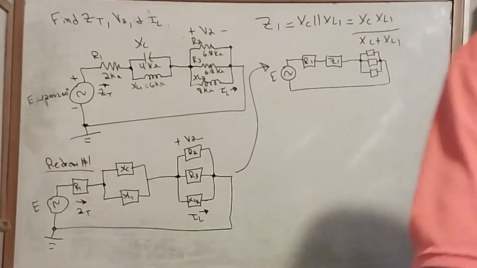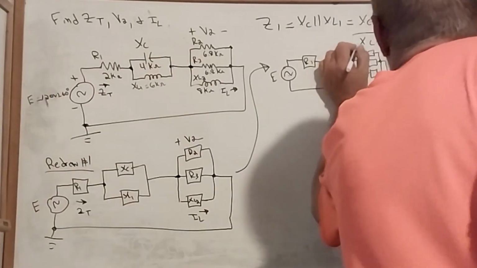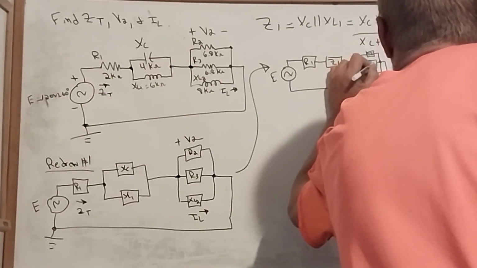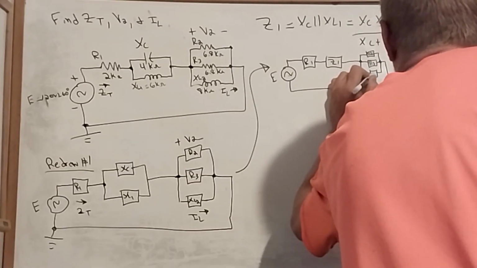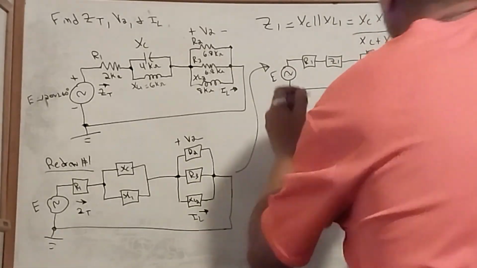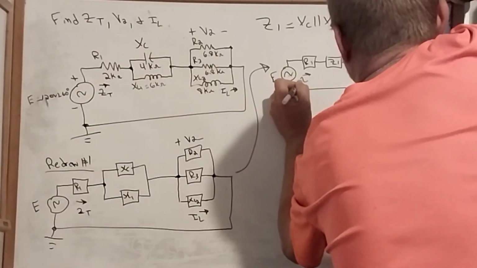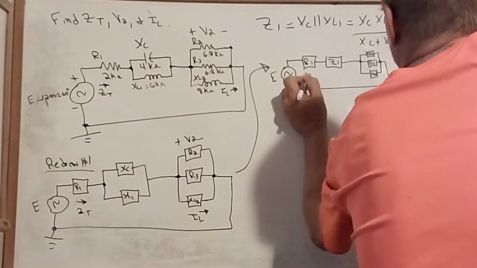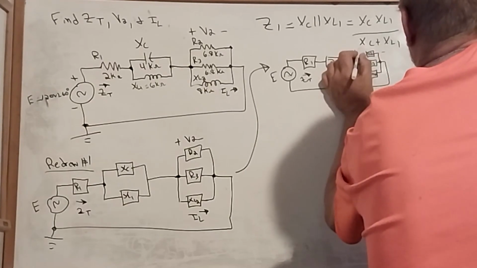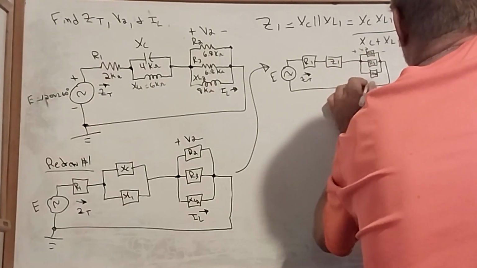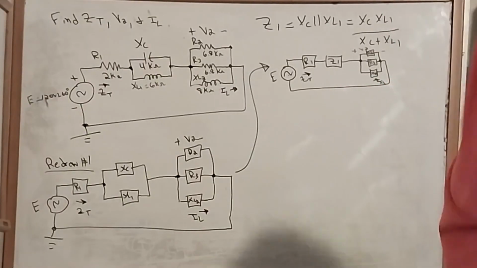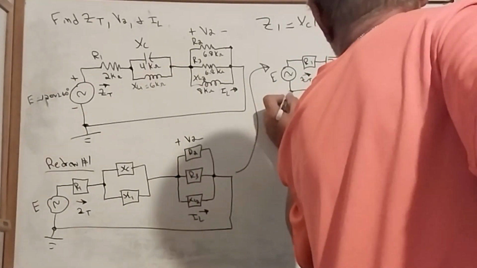Okay, see, we have R2 here, R3 here, and then X of L2. We're still finding this total impedance, and we're still finding the voltage drop across here, V2. We're also finding the current through this I sub L. Oh, and don't forget the ground.